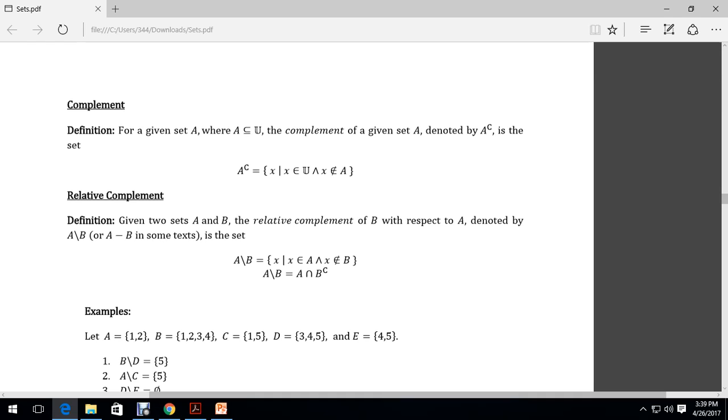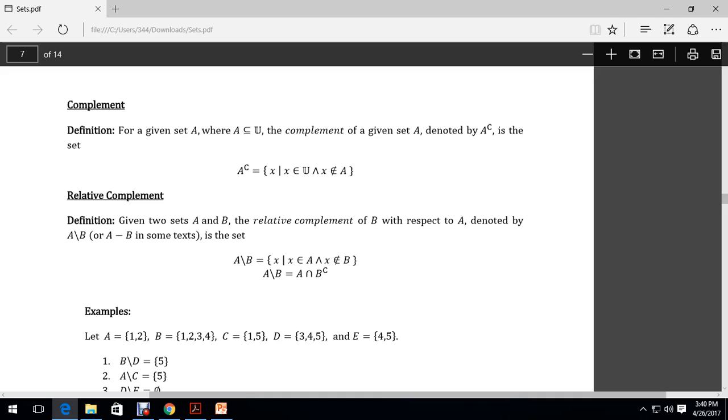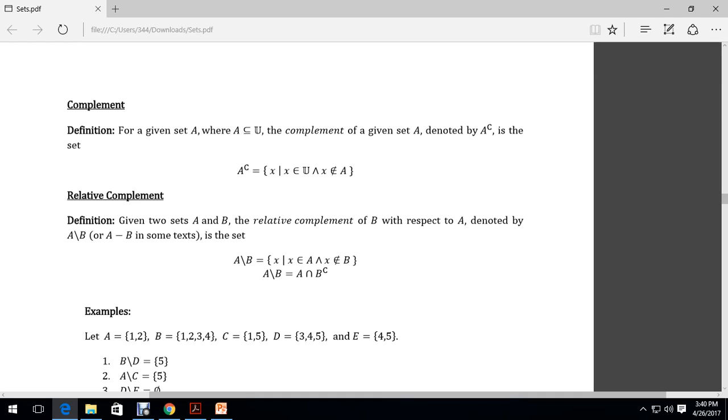Given a set A, where A is an improper subset of a certain universal set, then the complement of a given set A, denoted by A raised to C, is the set of all elements in the universal set, but not an element of the set A. What is meant by this statement is actually the set of all elements that are outside A. Given a set A, which is a subset of U, the complement of A is simply the set of all elements outside A but inside the universal set.